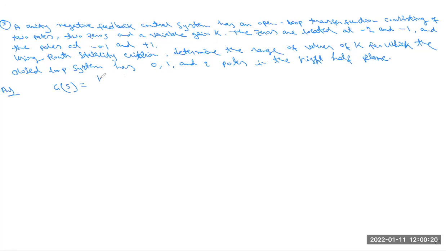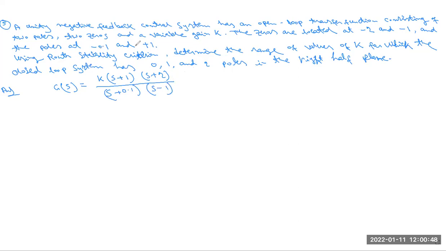So it is K into (s plus 1) into (s plus 2), divided by (s plus 0.1) into (s minus 1).